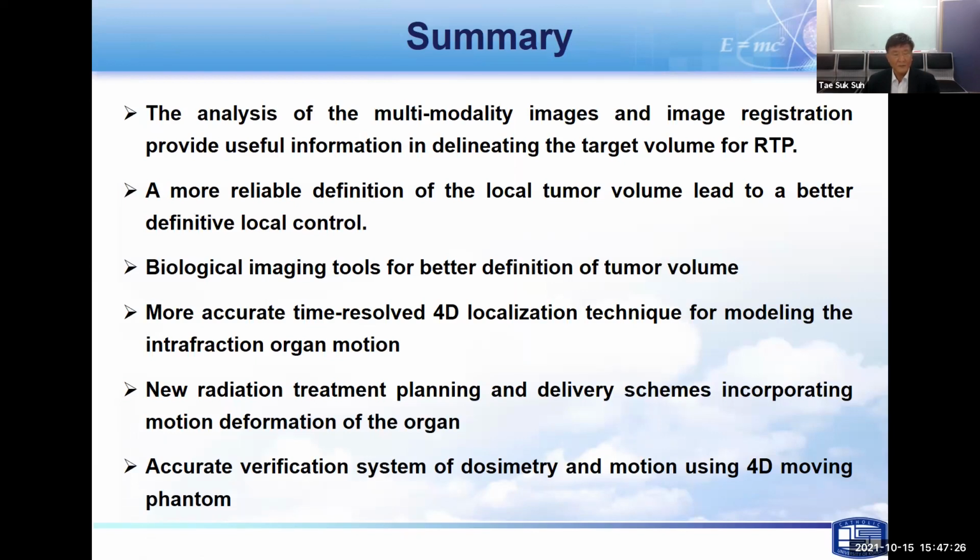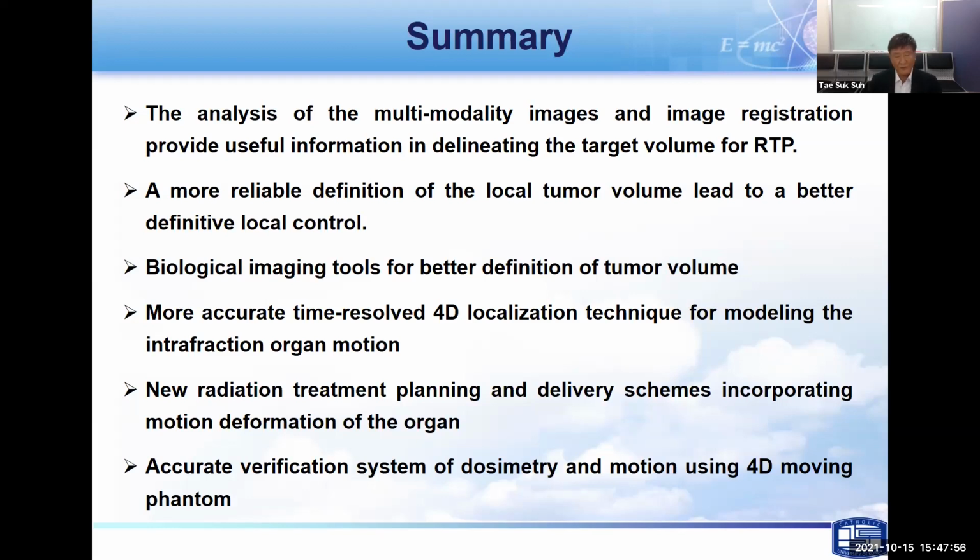A more reliable definition of the local tumor volume leads to better definitive local control through clinical studies. We need biological imaging tools for a better definition of the tumor volume using various multi-modality and multifunctional techniques.